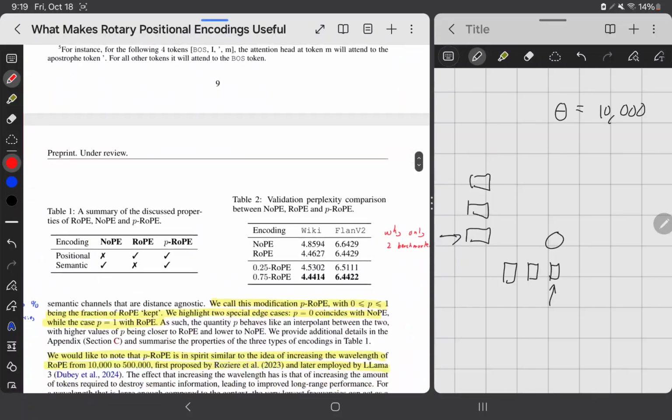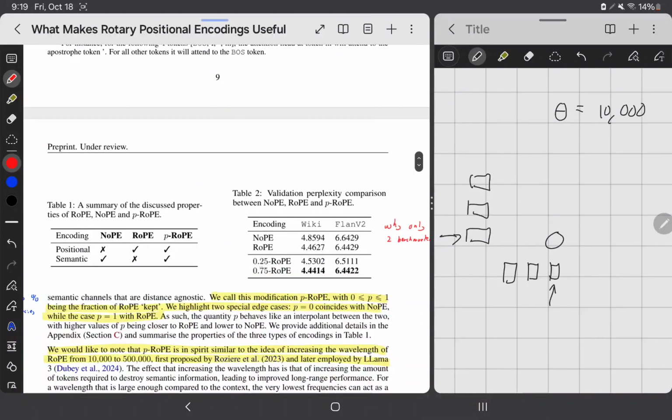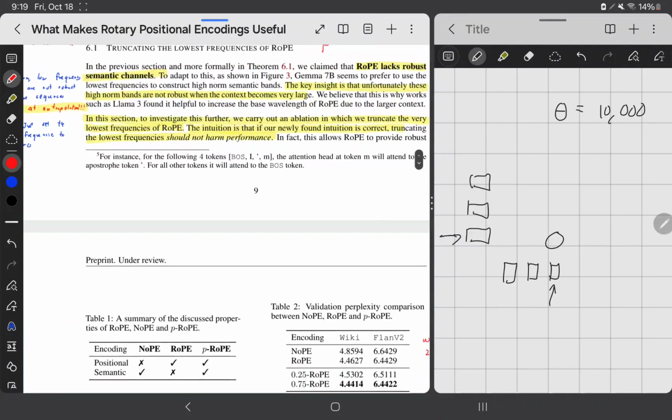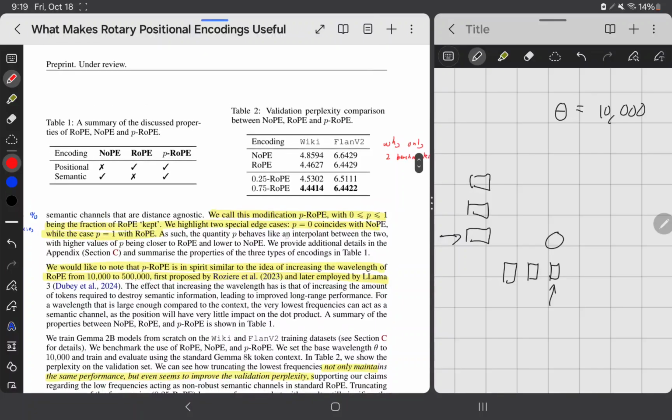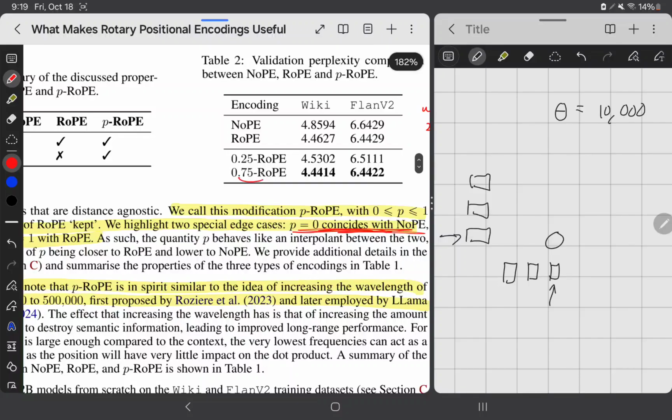I think they define p equal to 0.25 and 0.75. So 75% will be cut off, or is that kept? Okay, 75% will be kept and 25% will be kept. So this is the percentage that you keep, p.